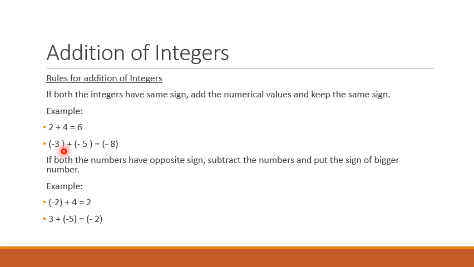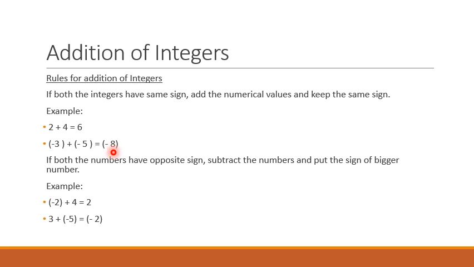What do we have to do now? Add the numerical values of the numbers. So 3 plus 5 gives me 8. And since both the numbers are negative, the answer is also negative. So the first rule says if the signs of two integers are the same, then you have to add the numerical values and keep the sign as it is.